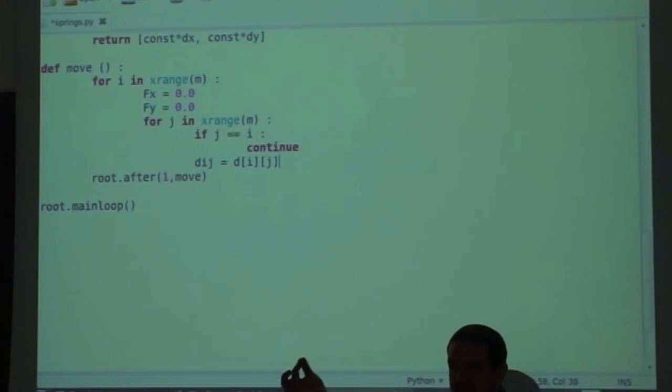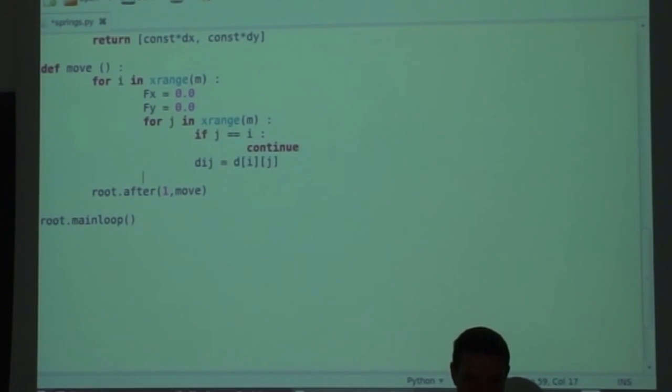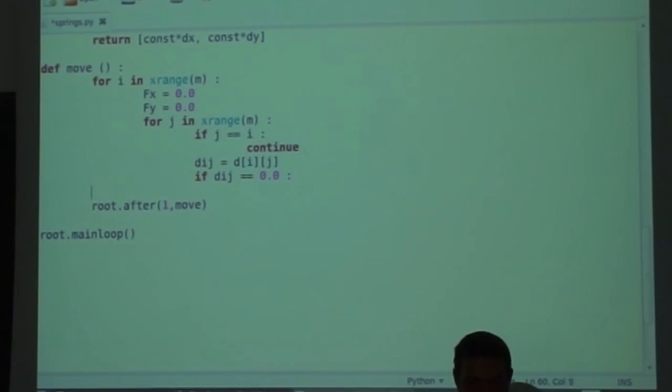If 2 points have the Euclidean distance of 0, then we would treat them as the same point. Now, if Dij is 0, then the 2 points are not connected, and we want to apply the Coulomb force on them.